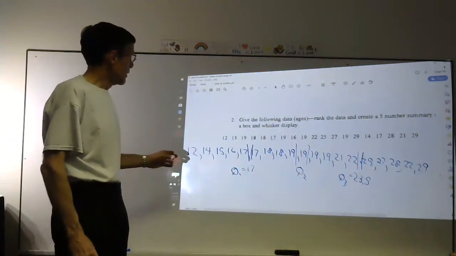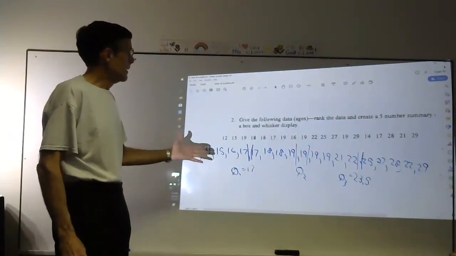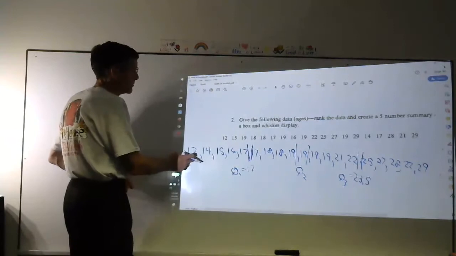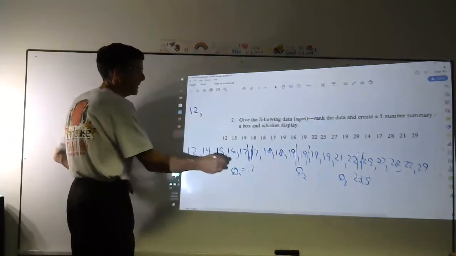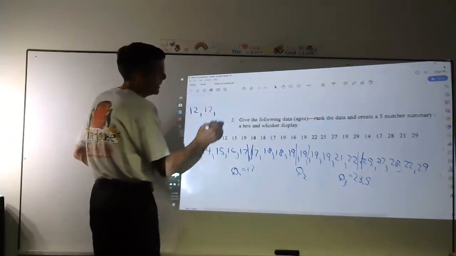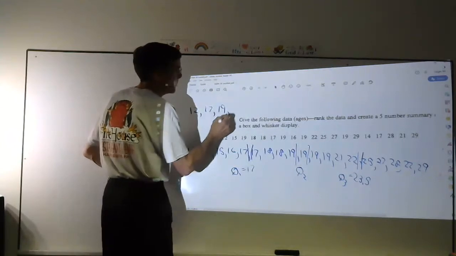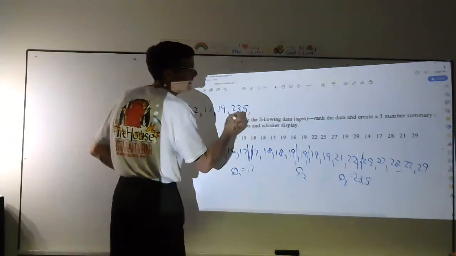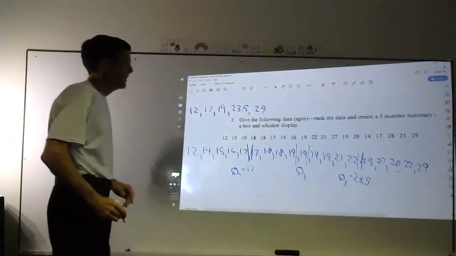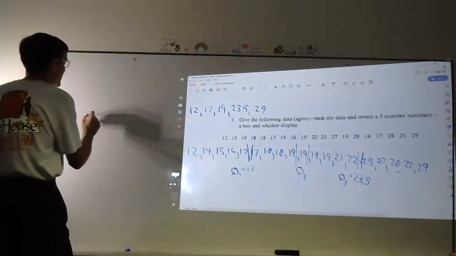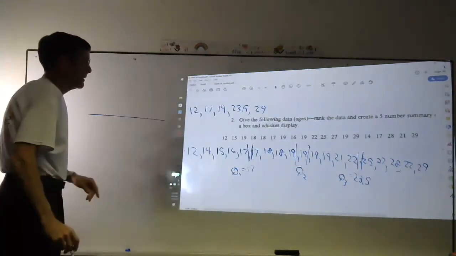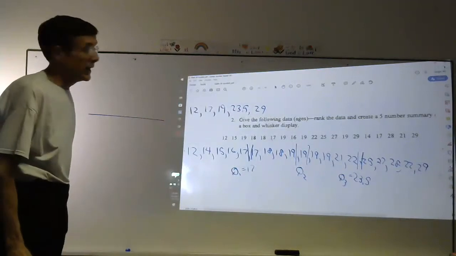All right, so the 5-number summary would be the smallest: 12, 17, 19, 23.5, 29. I must make an x-axis that goes from at least 12 to 29.